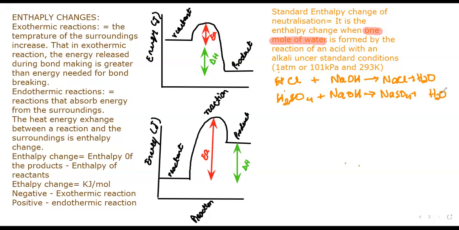But now if I balance the equation, I'm going to see that I'm getting 2 moles of water. Since I'm getting 2 moles of water, whatever the standard enthalpy change of neutralization is, I will have to multiply it by 2 to calculate the enthalpy change of this reaction, because I'm making 2 moles of water.